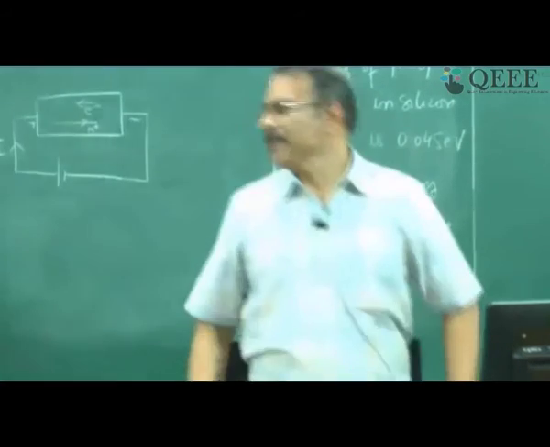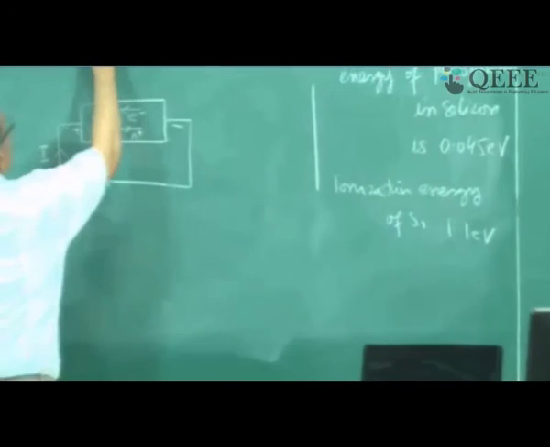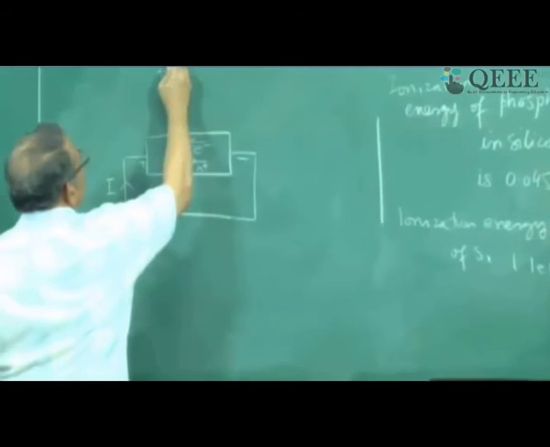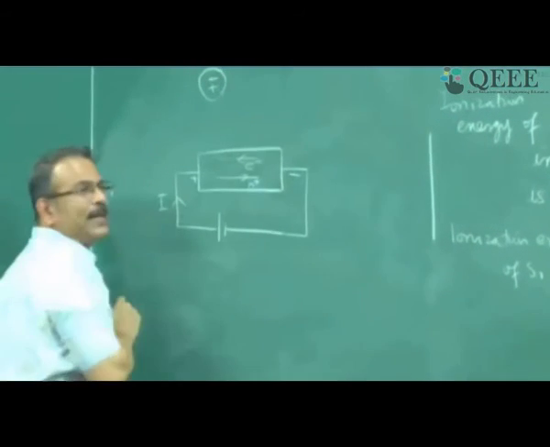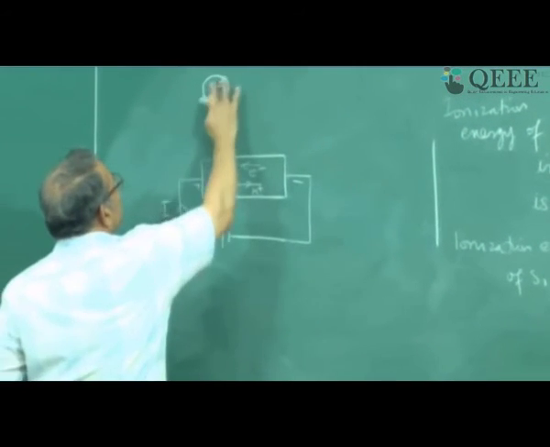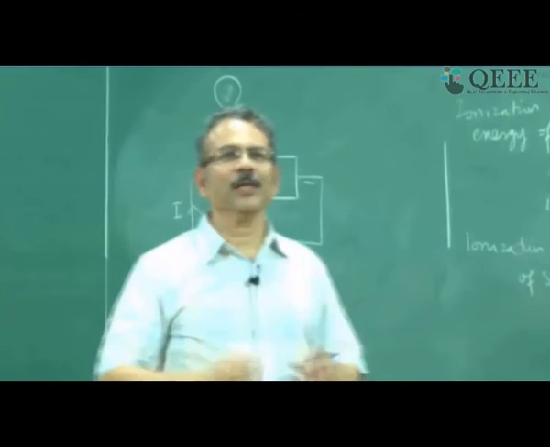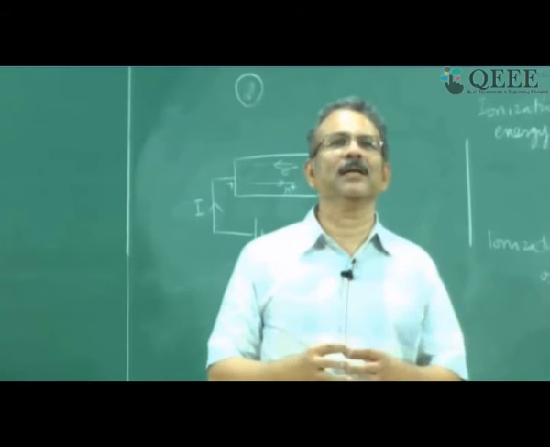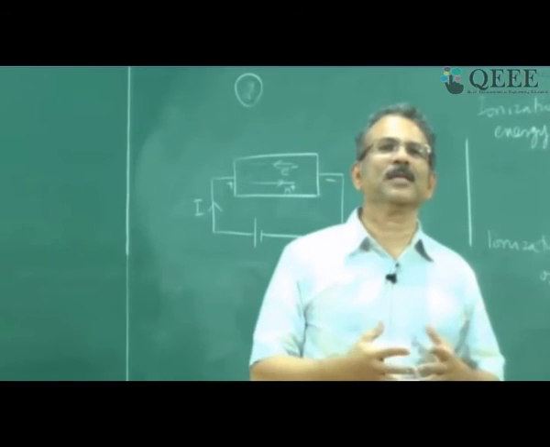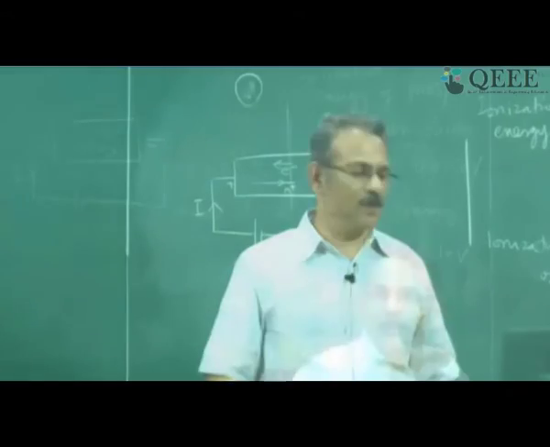Because if this is a negative charge and this a positive charge, both moving in the same direction, you can club them together, and negative and positive together is how much? Zero charge, right? So if electrons and holes are together moving in the same direction, it amounts to no current, because together the charge is zero.